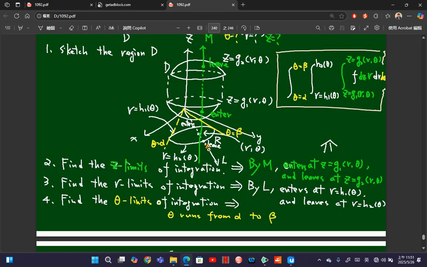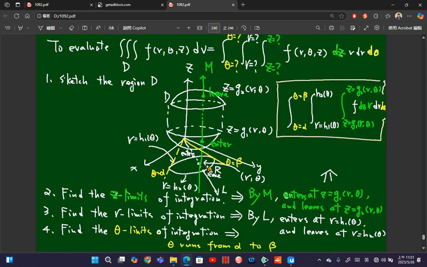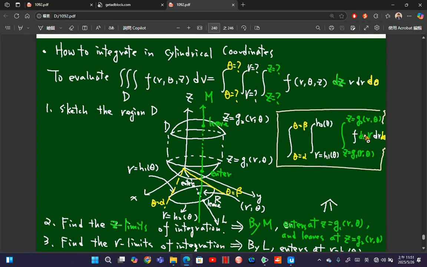And then remember to emit, because you can see dz first, so you also emit a ray toward the region in parallel to the z-axis. So you can see which is the enter point, and which surface the enter point is on, then which is the leaving point, and which surface the leaving point is located on.